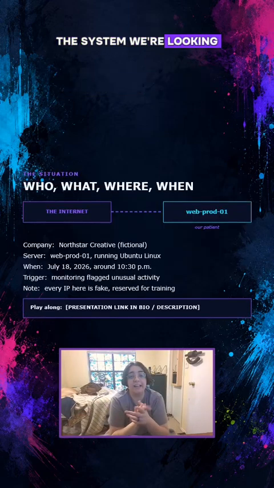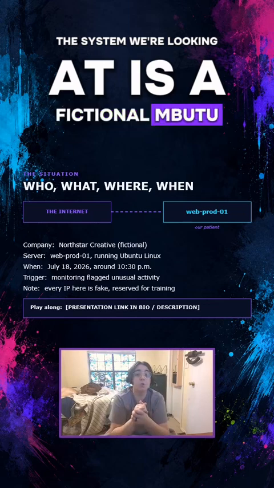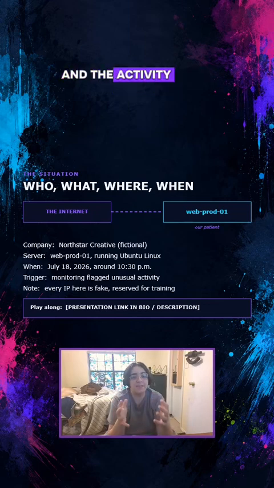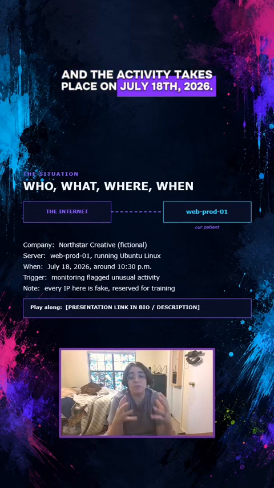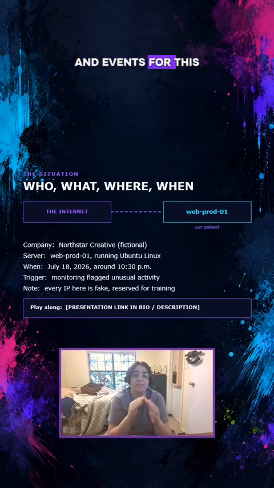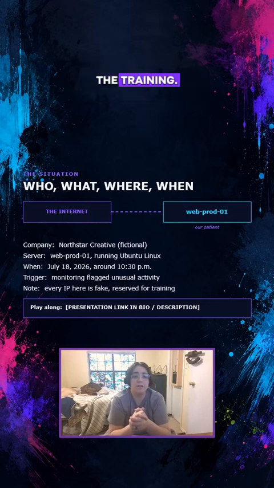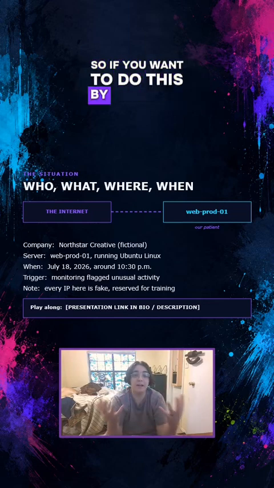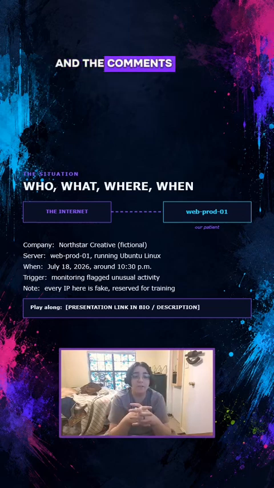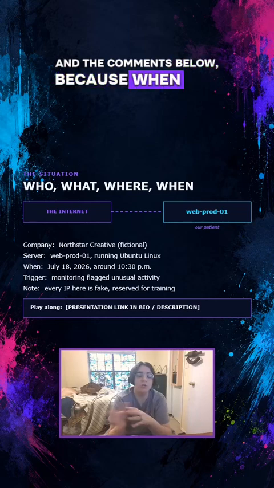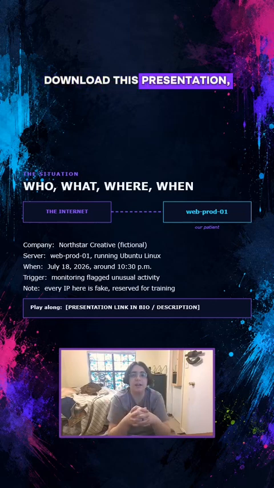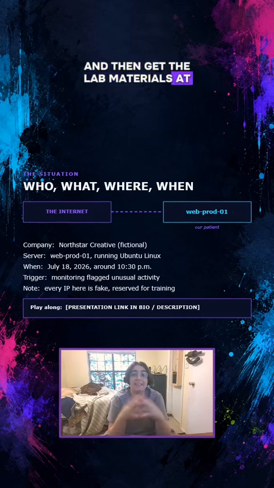The system we're looking at is a fictional Ubuntu web server named WebProd01, and the activity takes place on July 18th, 2026. The company, accounts, addresses, and events for this entire lab were created for the training. If you want to do this by yourself, take a look at the description and the comments below, where you can click the link, download the presentation, and get the lab materials at the end of it.